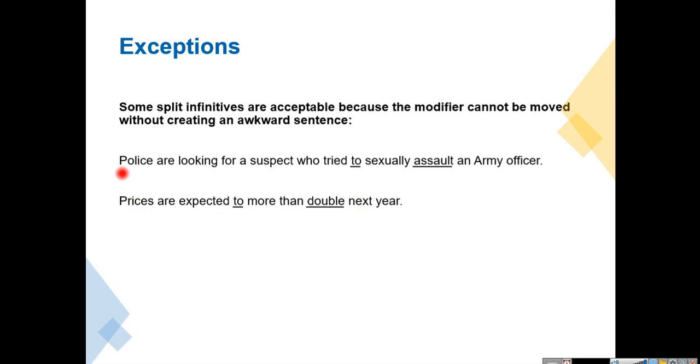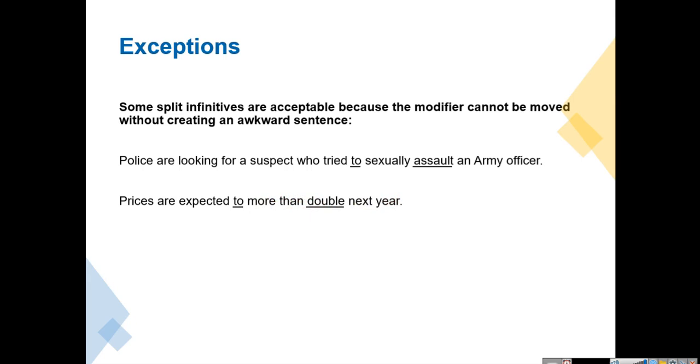As in this one: police are looking for a suspect who tried to sexually assault an army officer. Think about that. And also this one: prices are expected to more than double next year.